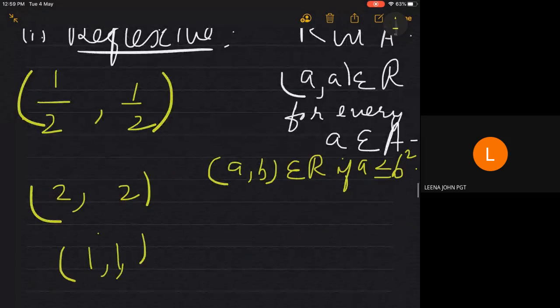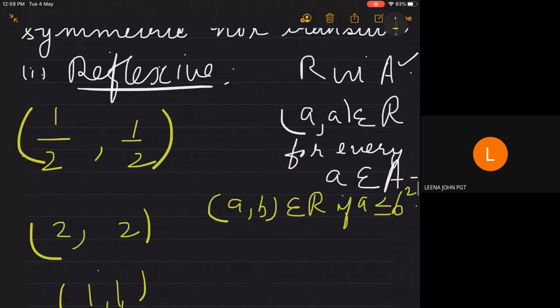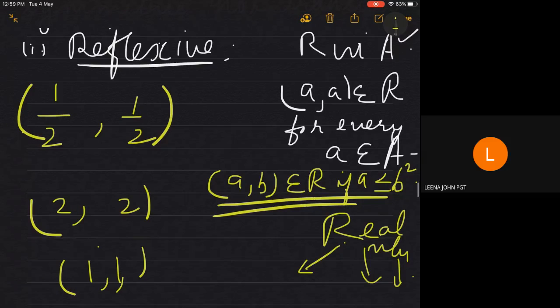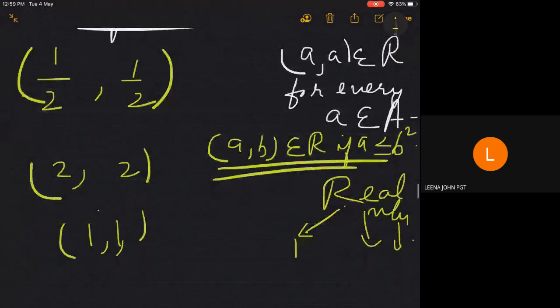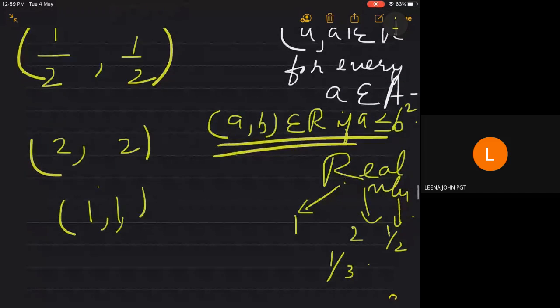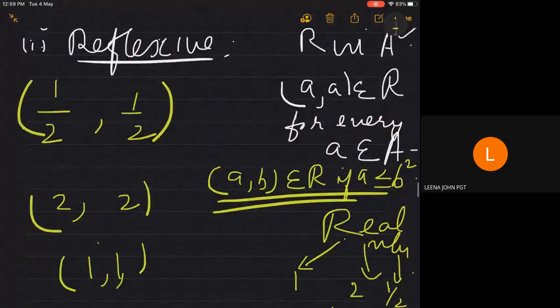This is the way we have to check whether R is reflexive. Because there are so many elements in the real numbers, we will check some of them: 1, 2, 1/2, 1/3. You take these elements and check whether 1 is related to 1, 2 is related to 2, 1/2 is related to 1/2, and so on.